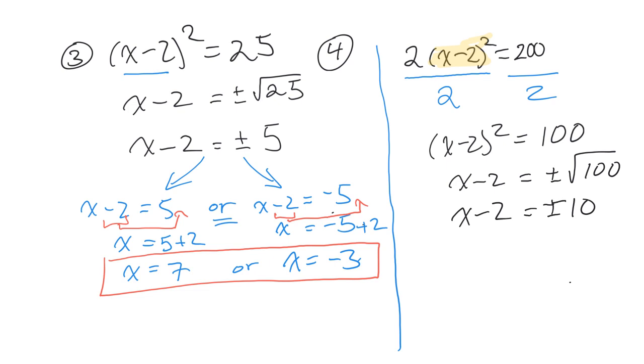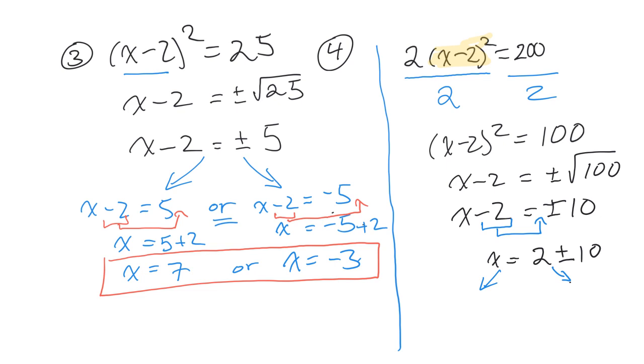I'm going to show you another way of doing this, getting x by itself. I like doing this. Take my minus 2 and I'm going to move it over here. So I know that's going to be a plus 2 in the end. So that means I've got x is equal to 2 plus or minus 10. And so now this problem breaks into 2 parts, just like before.